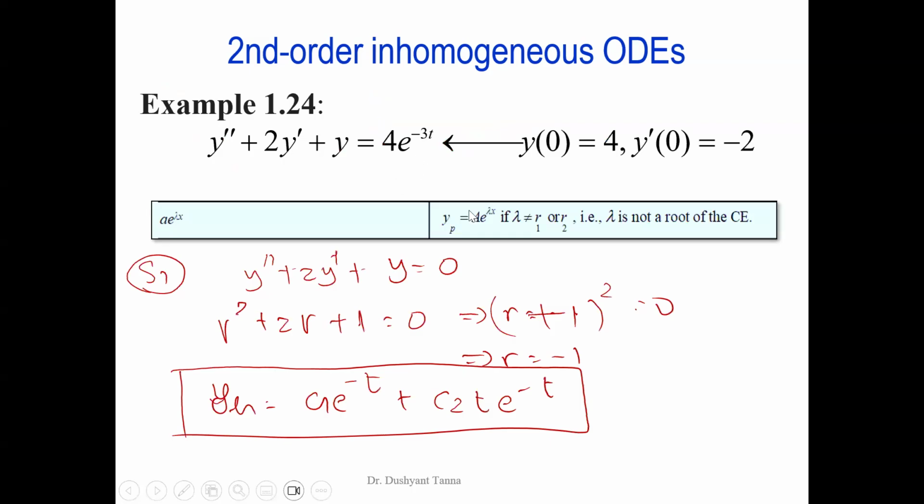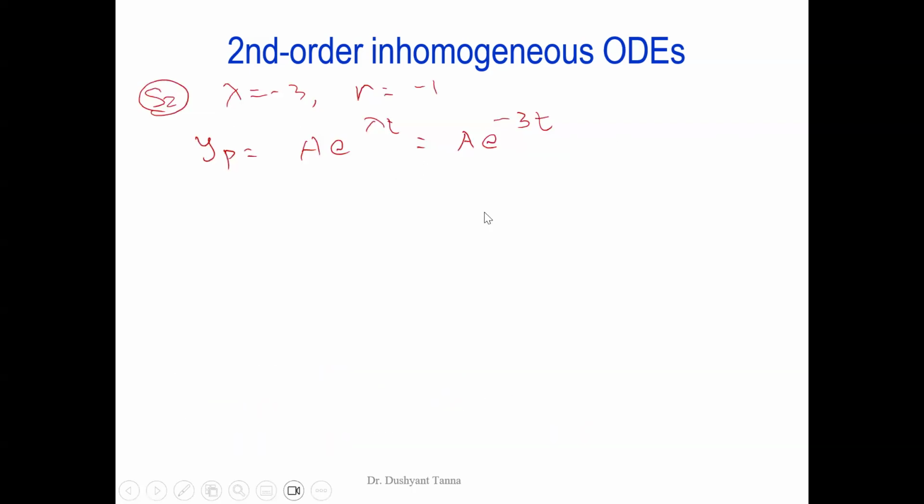So you can write down, lambda is -3, your r is -1. So we can go ahead: yp is A e raised to -3t. So not minus here, sorry.